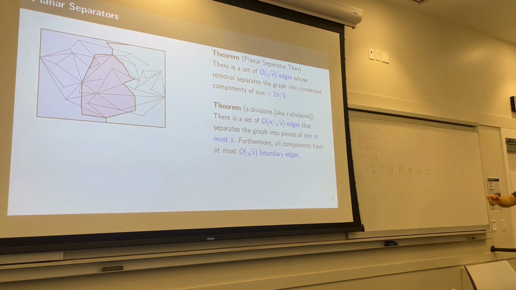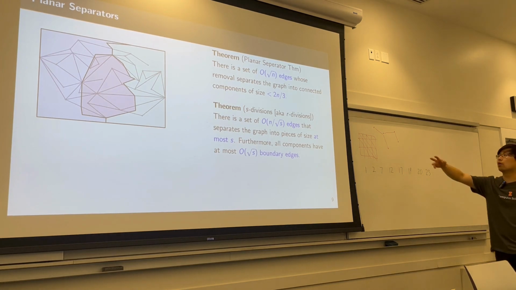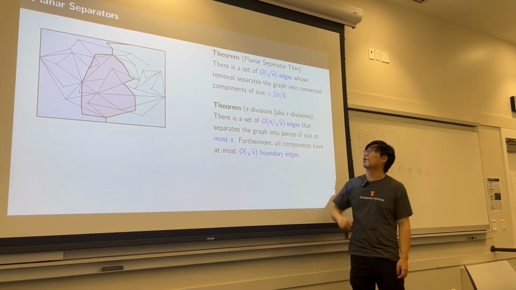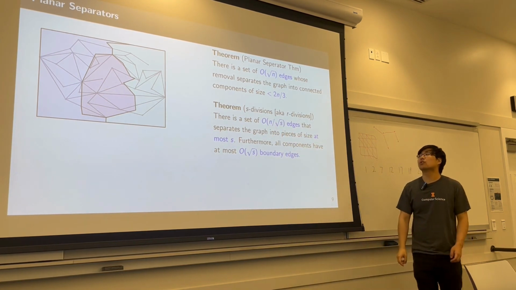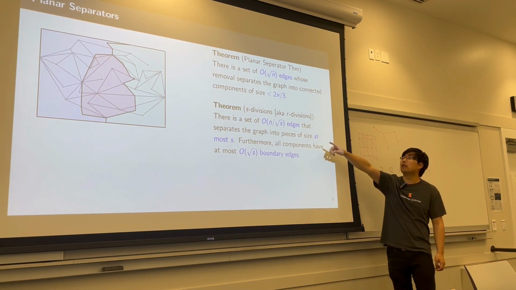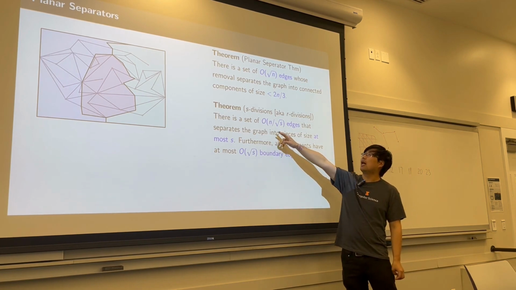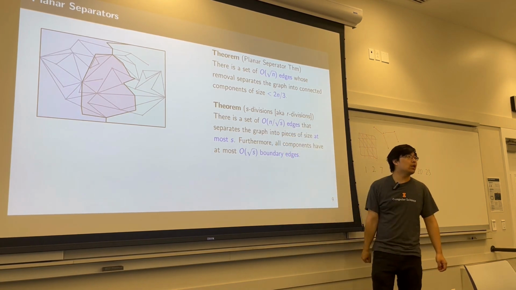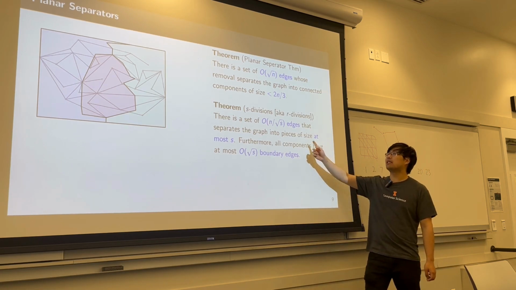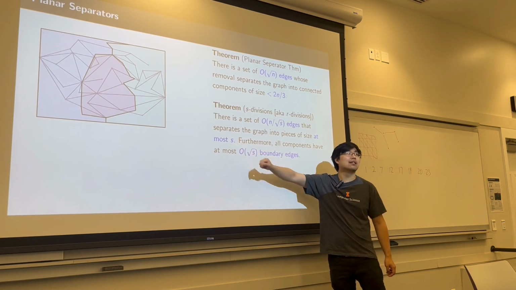And there's a generalization of this to what are usually called R divisions, but here, for notation reasons, I'll call them S divisions. So if you repeatedly apply the planar separator theorem, you can get a set of, say, n over root s edges that separates the graph into pieces of size at most s.